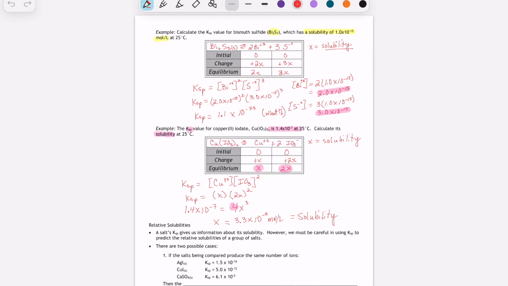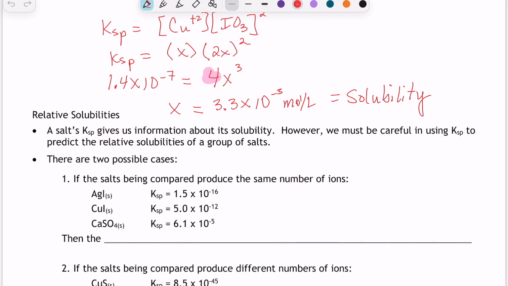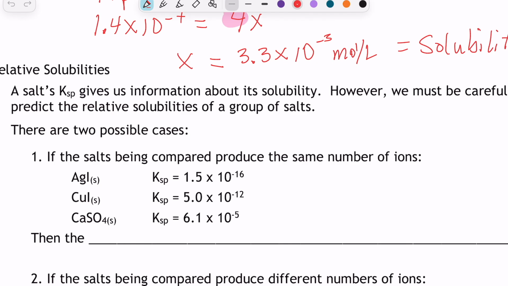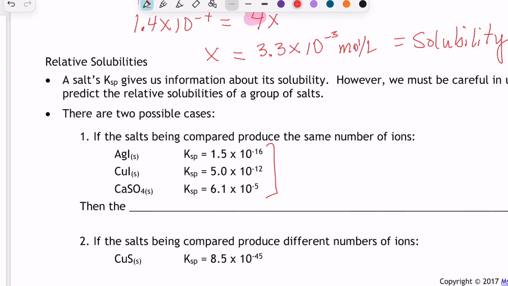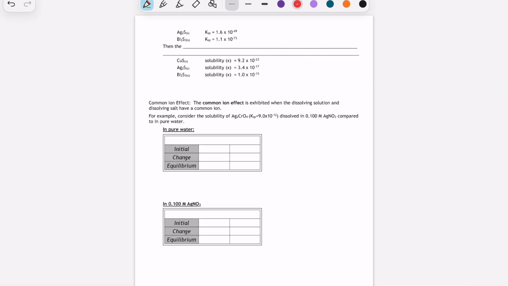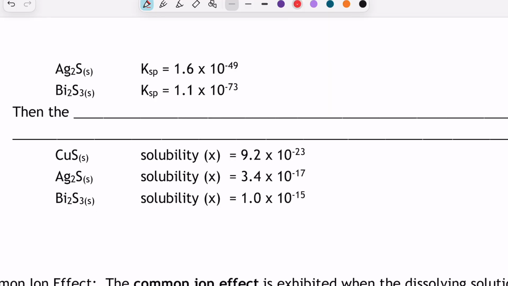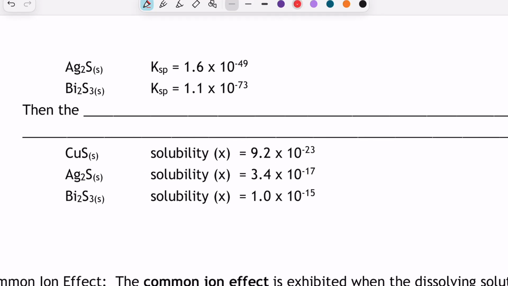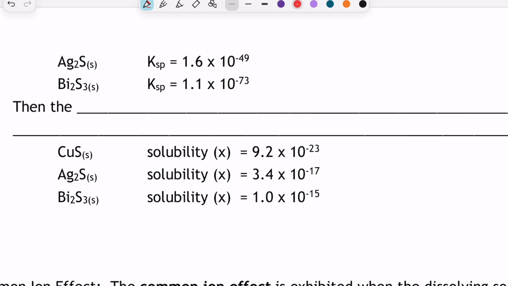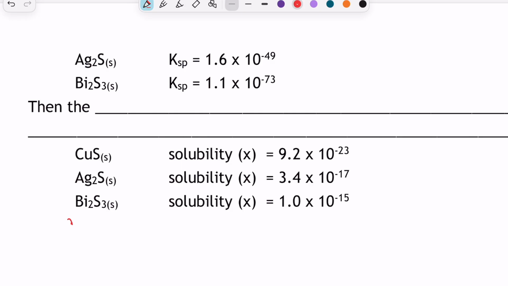In this first case, these are all 1-to-1 cation to anion, so we can compare them directly. We already talked about that. Now, in our second case, we can't compare them directly. So what I wanted to show you was CuS.